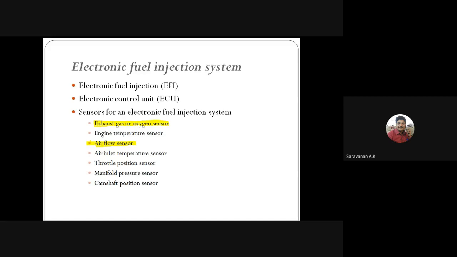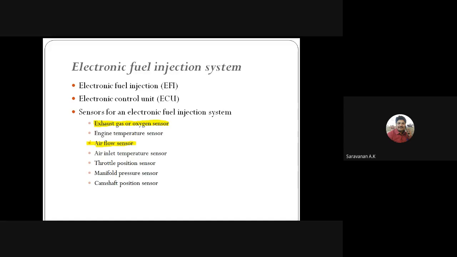Apart from these sensors, we have one more sensor, that is the knock sensor, which I unfortunately didn't mention here, so you can note that down. It is a microphone type of sensor that detects the ping or pre-ignition noise, so that the ignition time can be reduced.